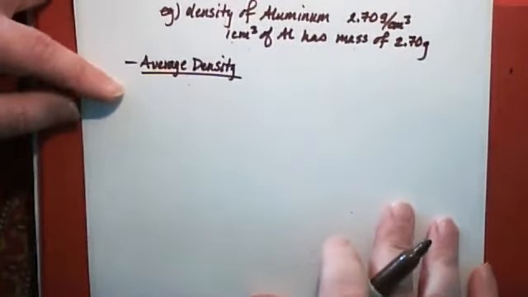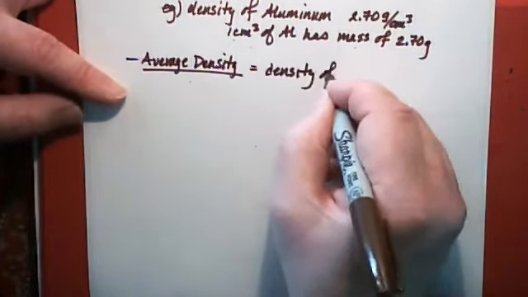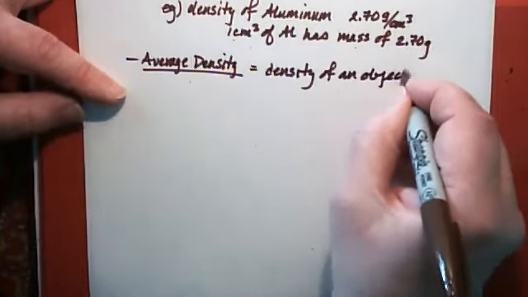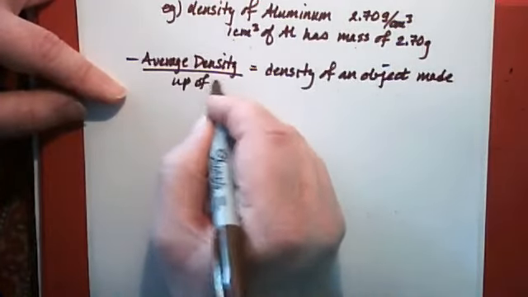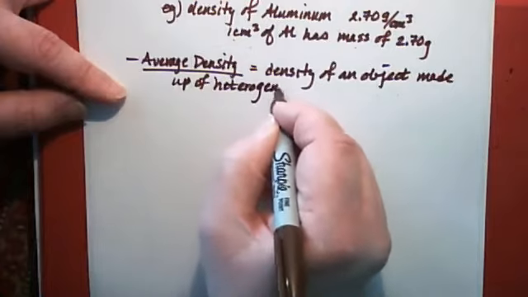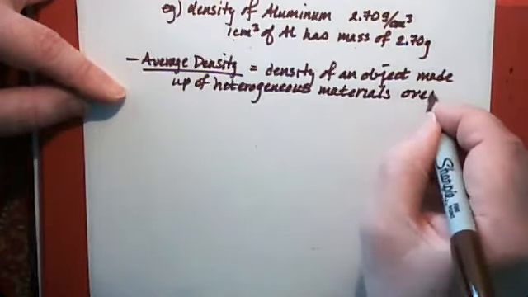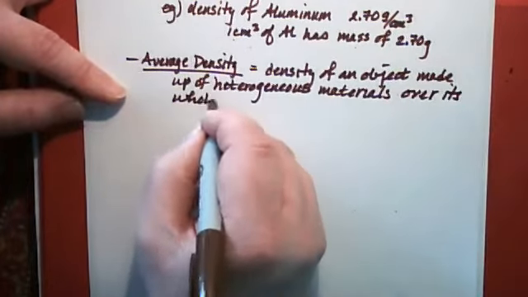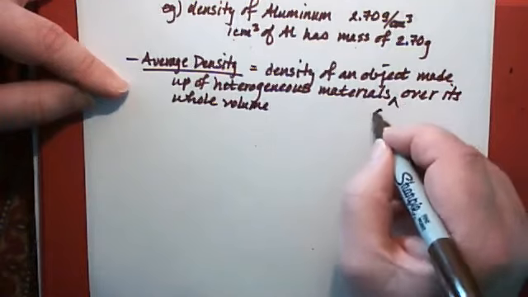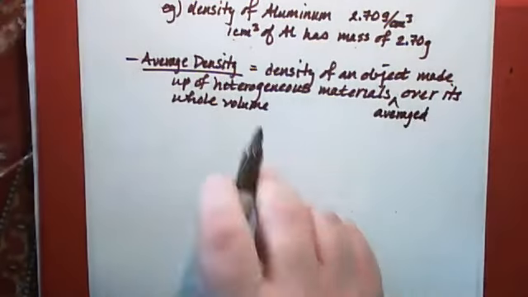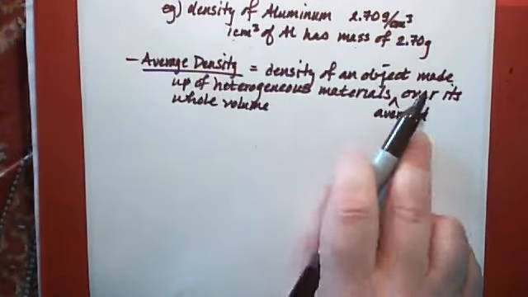There's also a concept known as average density. You can think of average density as kind of the density of an object made up of heterogeneous materials averaged out over its whole volume.